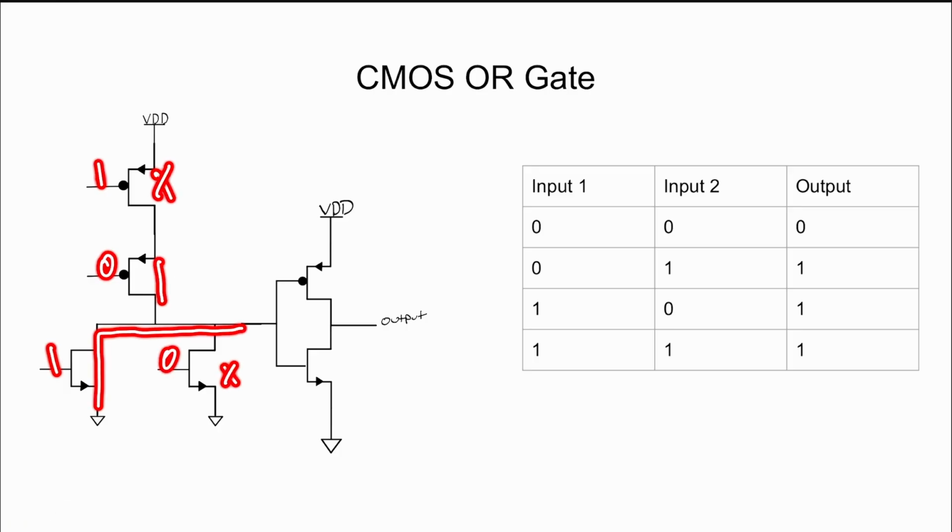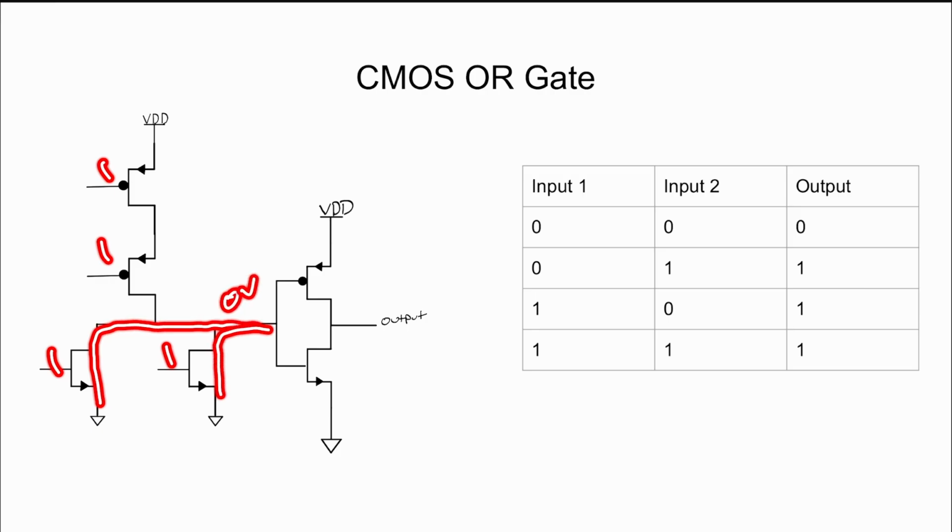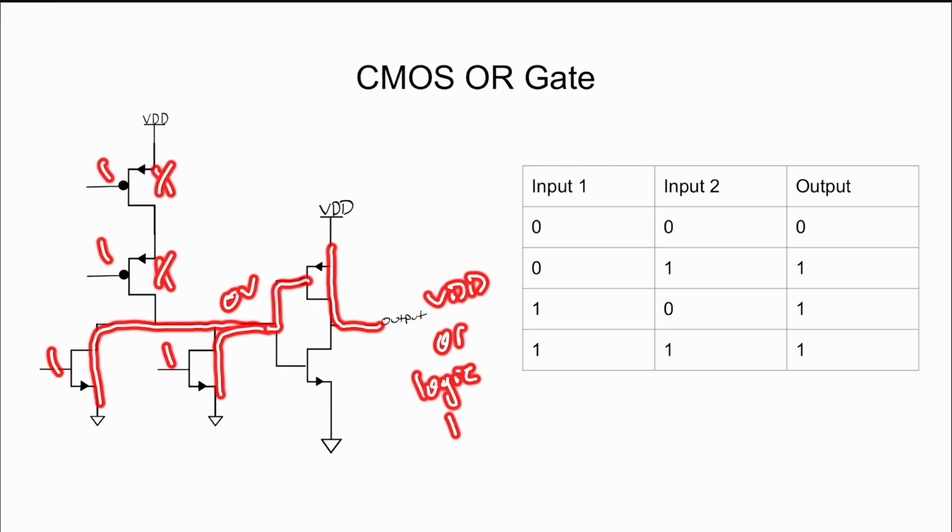One of the NMOS will feed 0 volts to the inverter, which will energize that PMOS and tie our output to VDD or logic 1. And lastly, for the all 1s test case, those two NMOS in the pull down network will feed a 0 volt signal to the inverter. Again, the same behavior. The PMOS will allow a connection between our output and VDD, giving us a logic 1 output.